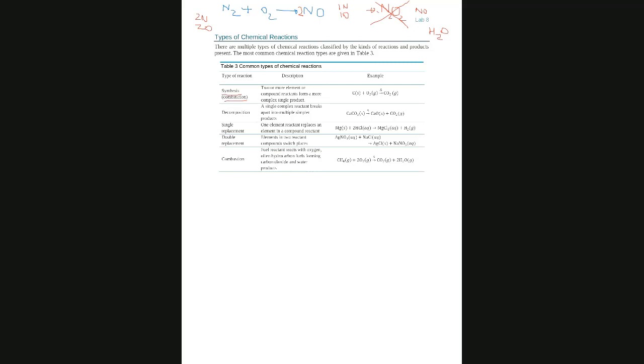What is a combination? It's very, very easy to recognize. You look at the product. You look at how many products you have after the arrow, how many substances you have. And the combination is when only one product is formed.